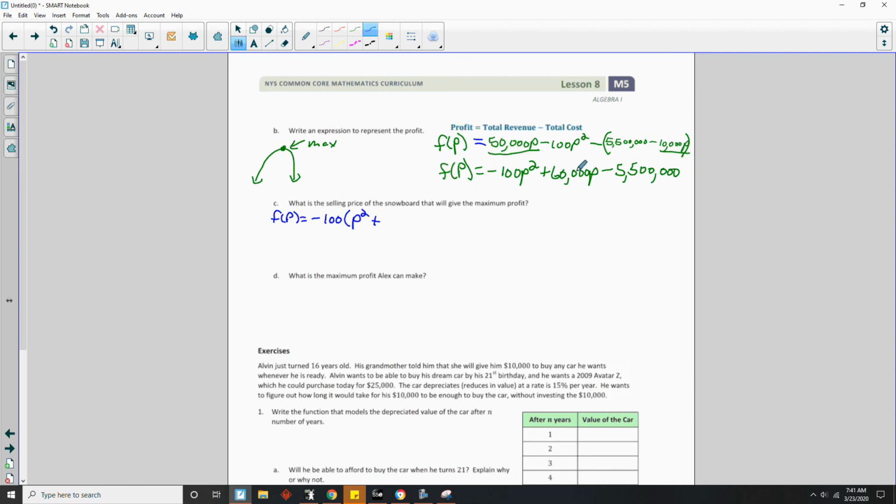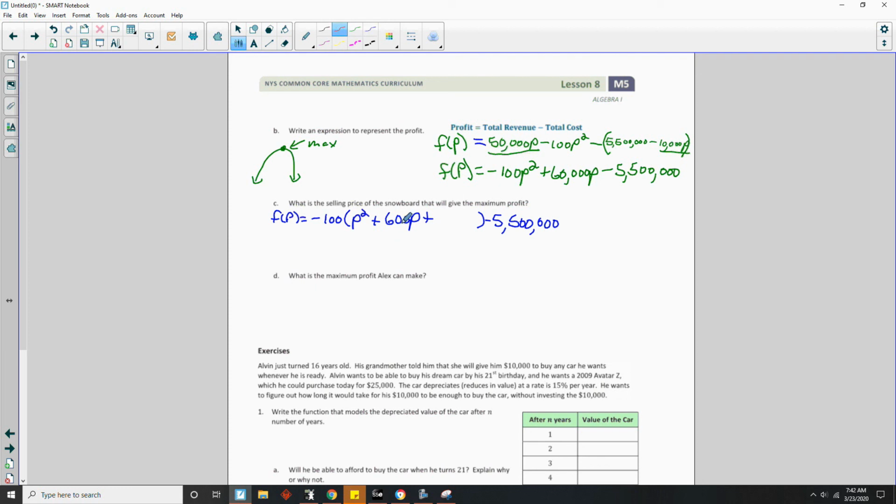So in other words, take 2 zeros away. That would be 600 P plus, and then I take half of this. So I'm going to just leave a space for now. You got to take half of that and square it. Okay, and then I'm going to put the minus 5,500,000 outside. So that's the initial thing we need to do.